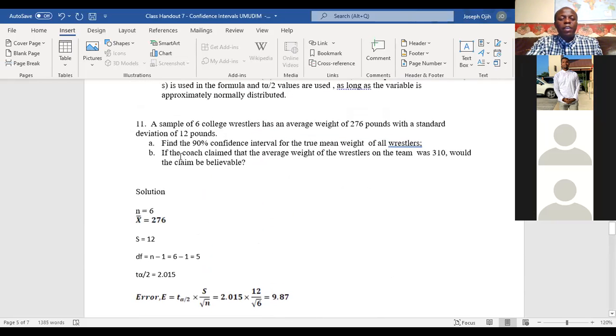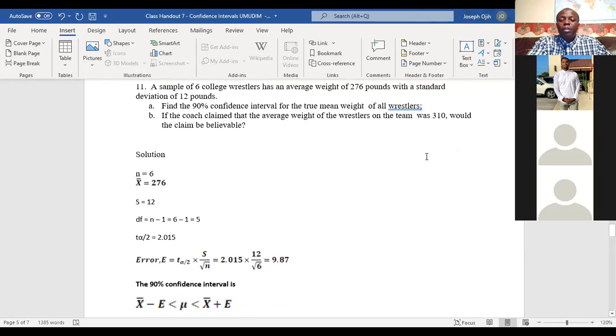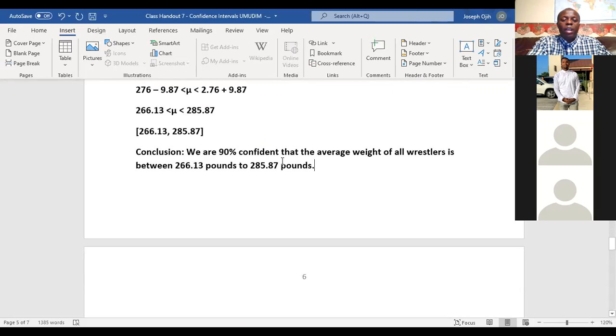Part B says, if the coach claimed that the average weight of wrestlers on their team is 310 pounds, would that claim be believable? Of course, it will not be believable because the average weight of wrestlers is between 266.13 pounds and 285.87 pounds.